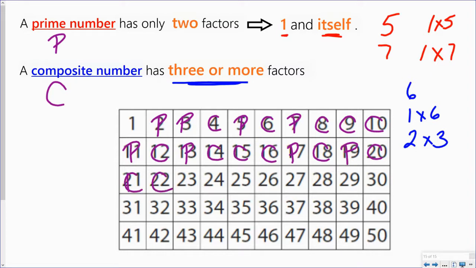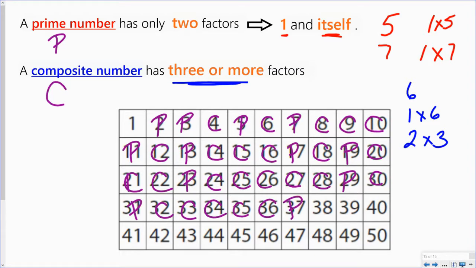composite, composite, prime, composite, composite, composite, composite, composite, prime, and then composite, prime, and composite, and composite, and composite, and composite, and another composite.